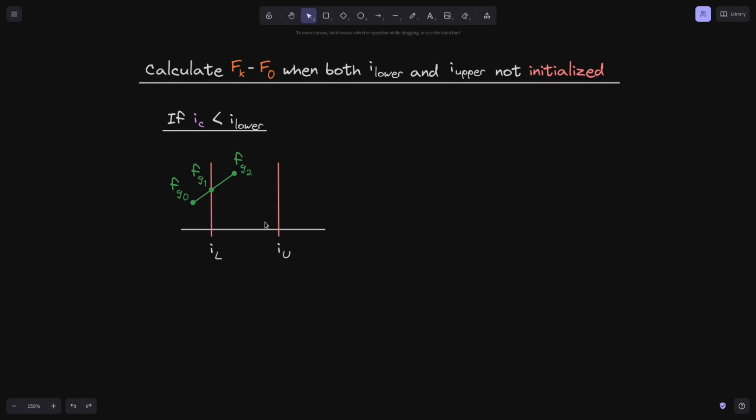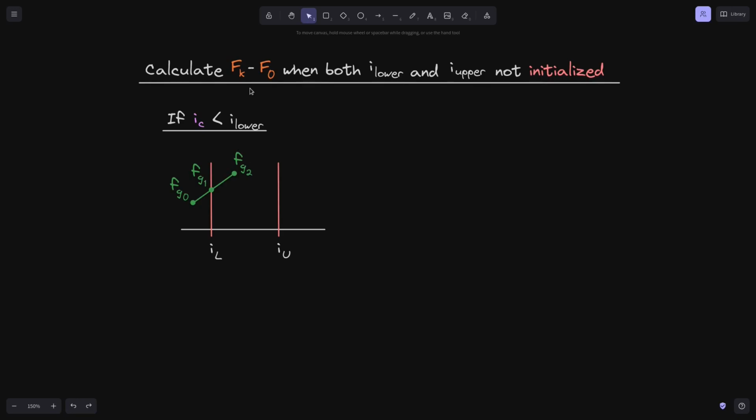Let's say that at time t0, we initialize this position between i lower and i upper. And at this point, the fee growth is over here, fg0. Let's also say that at some time later, the fee growth crossed over tick i lower. This is at fg1. And then at time t2, let's say that fee growth is somewhere over here, fg2.